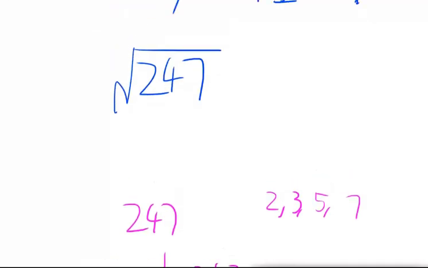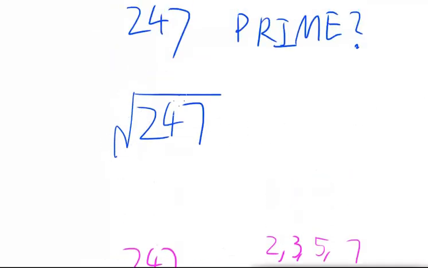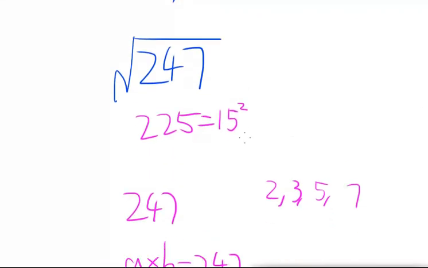So yeah, we only have to test the primes smaller than the square root of 247. Since the biggest square number that's smaller than 247 is 225, which is 15 squared, we only need to test the prime numbers smaller than or equal to 15.